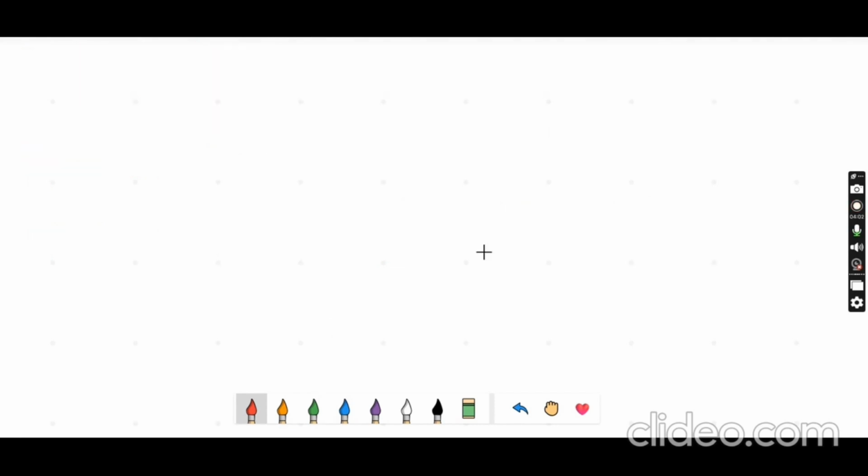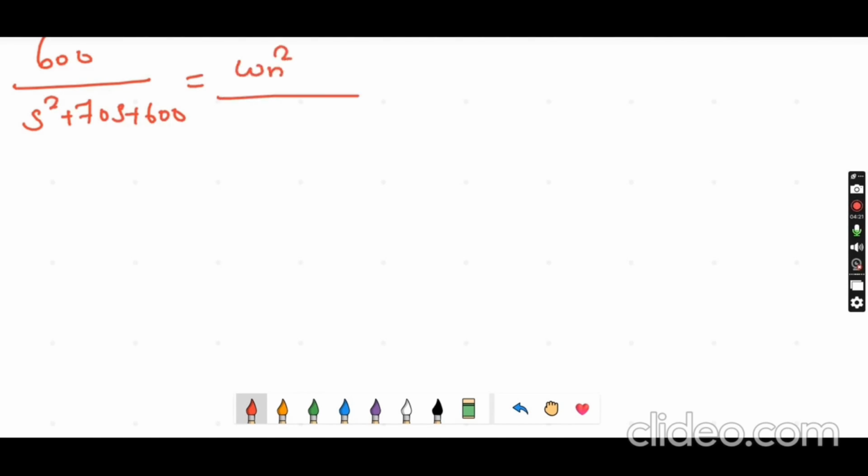Followed by this, we will compare the obtained transfer function, 600 by S square plus 70S plus 600, with the standard form of the transfer function for a second order system, that is omega n square divided by S square plus 2 zeta omega n S plus omega n square.